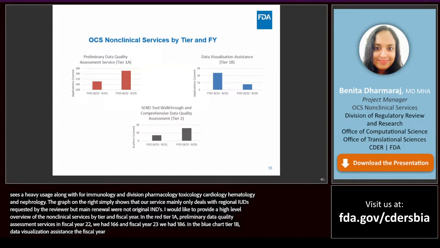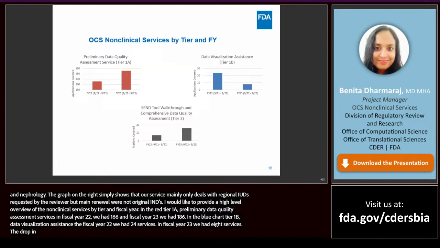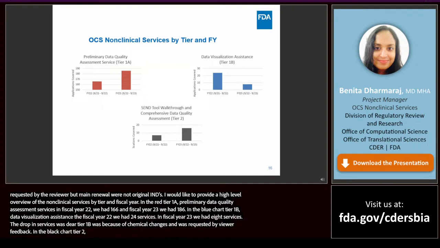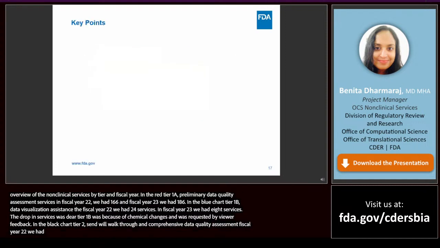In fiscal year 23, we had 8 services. The drop in services was due to Tier 1B being modified to include changes as requested by reviewer feedback. In the black chart, Tier 2, SEND Tool Walkthrough and Comprehensive Data Quality Assessment, in fiscal year 22, we had 7 services. In fiscal year 23, we had 16.